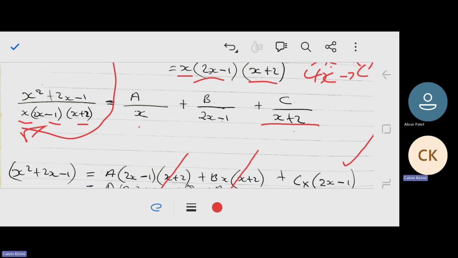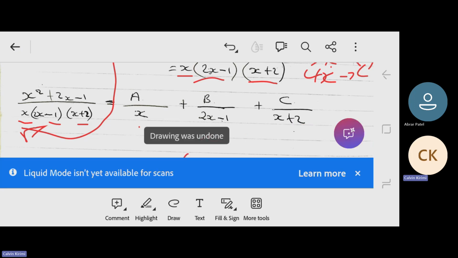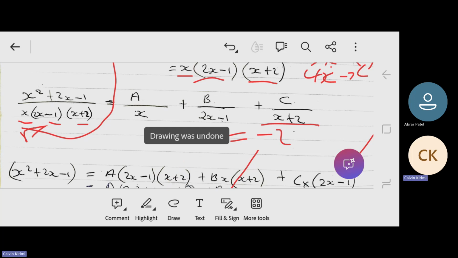You are only going to be left with cx, 2 bracket x minus 1 equals that, which means a and b are eliminated. Now you can solve for c. So that's how you'll be using elimination, solving for the unknown c in that case.